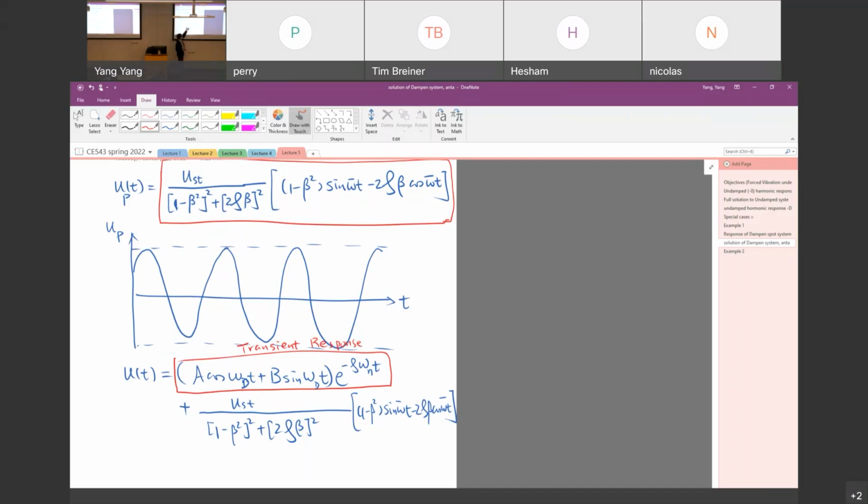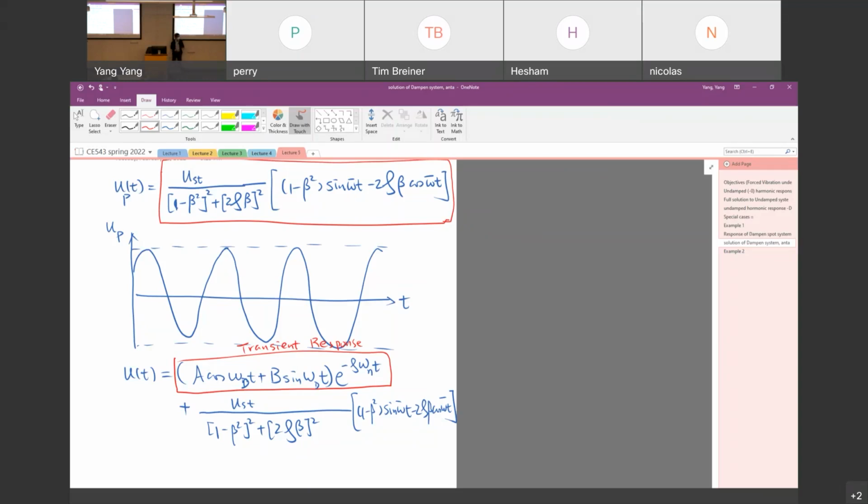If you look at the first term, its amplitude is decreasing with time, so this part is phased out very quickly.